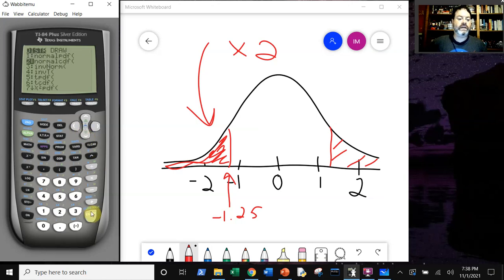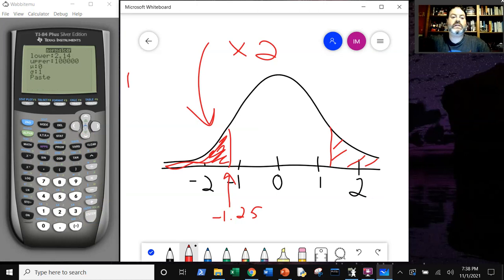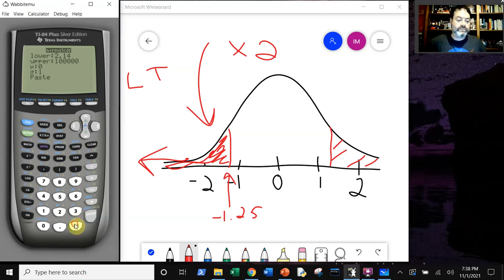So normal CDF. This is a left tail, right? Left tail. That means the lower bound just goes all the way to the left. It just keeps going. So I have to type in a really big negative number. So negative 10,000 is fine. 100,000 doesn't matter. The upper is the right endpoint.